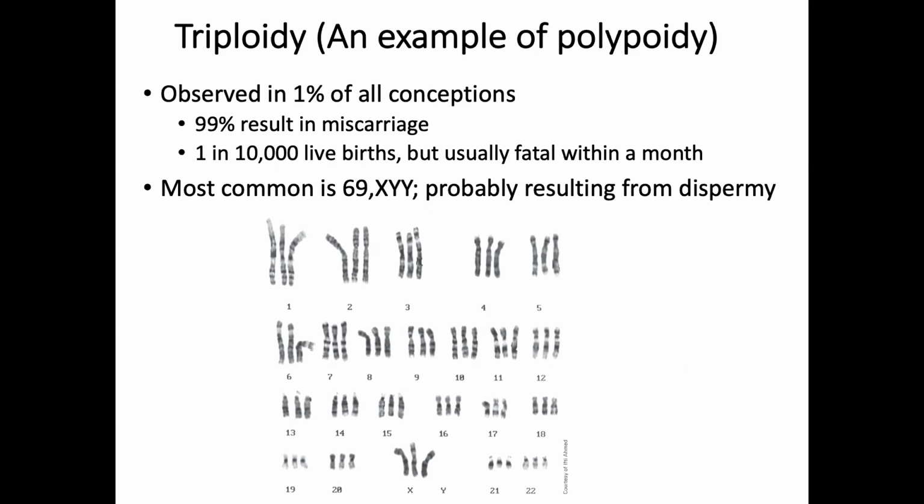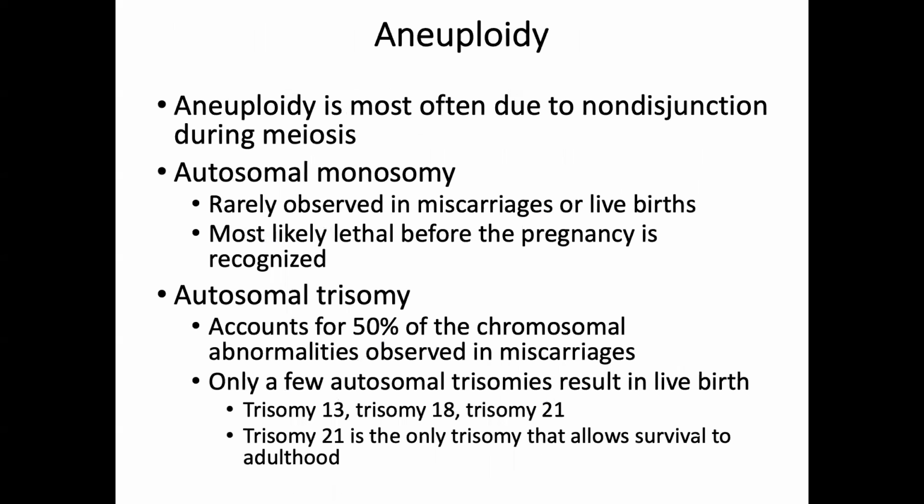It happens in 1% of all conceptions, but 99% of the cases result in miscarriage. So there are very few live births, and the affected babies usually die within a month after birth. A lot of times, triploidy results from dispermy, meaning one egg is fertilized by 2 sperm cells.